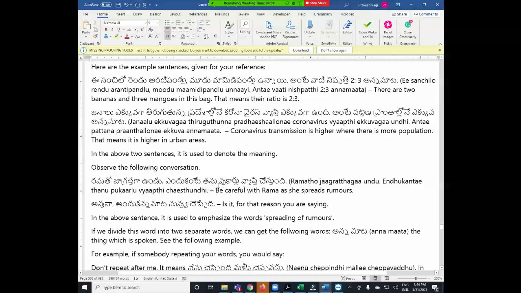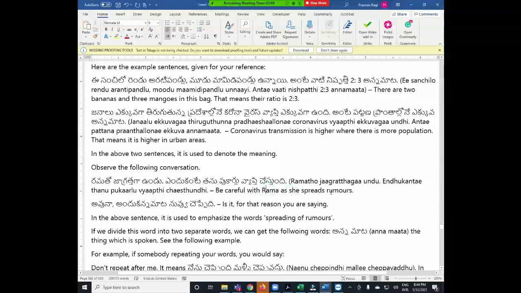Since it is like repetition, we can use ame also, no problem. Ame also or tanu, both are correct. ఎందుకంటే ఆమె పుకార్లు వ్యాప్తి చేస్తుంది. So she spreads means ఆమె వ్యాప్తి చేస్తుంది.